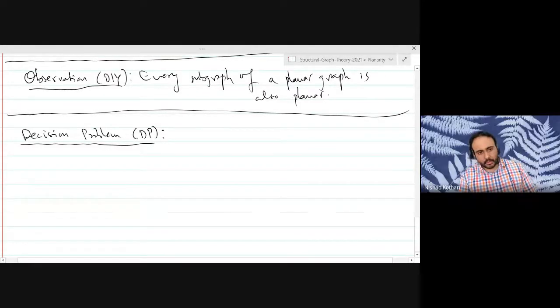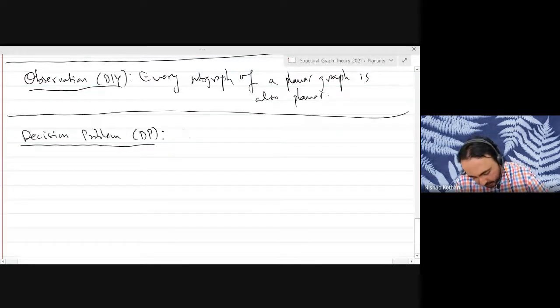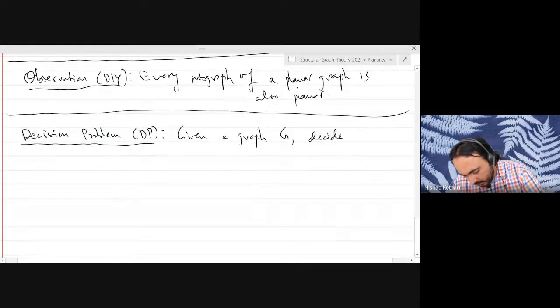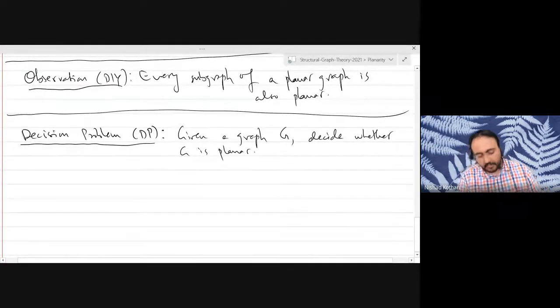So this brings us to the decision problem. If I give you a graph G, how do you decide whether G is planar or not? As I sent a message yesterday to all of you, I wanted you to go over NP, co-NP, NP complexity classes. So if you're given a graph G, you want to decide whether it is planar or not.